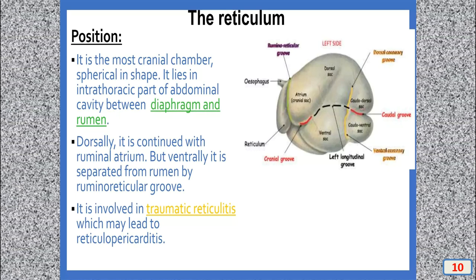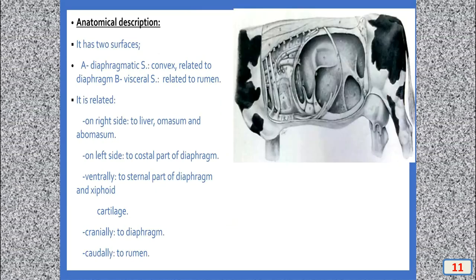whether a nail, etc., has punctured the reticular groove. In the anatomical description there are two surfaces, and this is the cut open surface. This is the last rib, and here you can see the different organs.